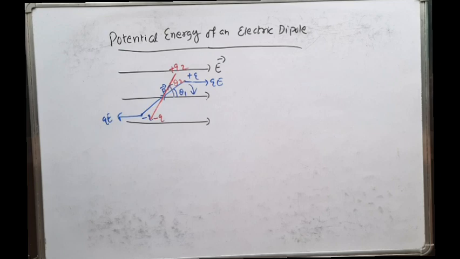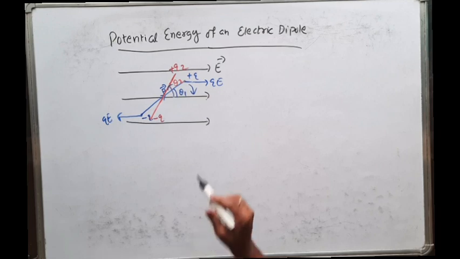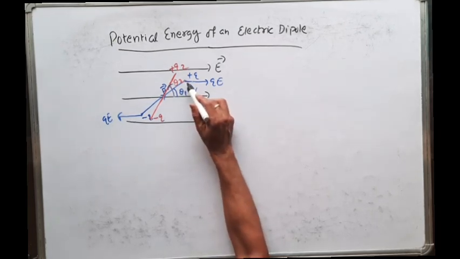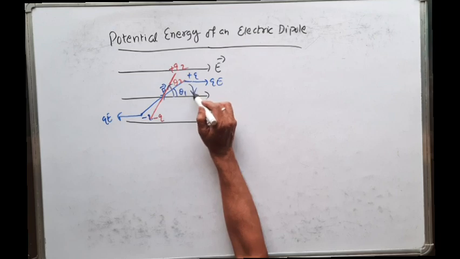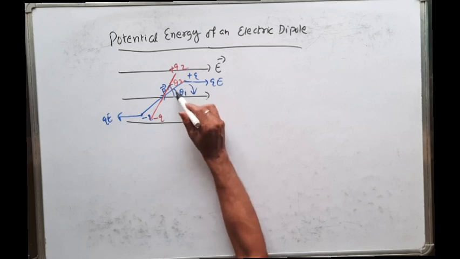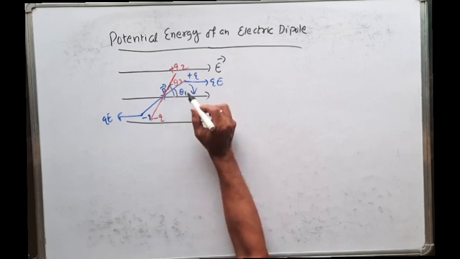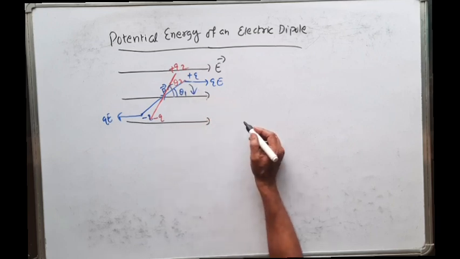So the amount of work done will be stored in the body in the form of potential energy. Here it is the same case. The torque due to the dipole is in clockwise direction, but we want to rotate the dipole in anti-clockwise direction. So we have to do some work, and that work will be stored in the body in the form of potential energy.